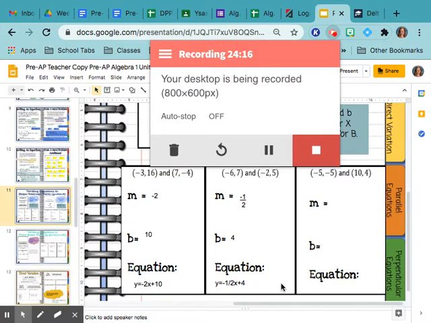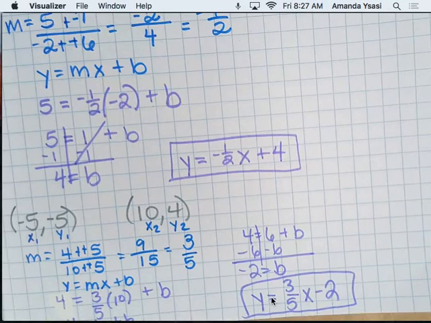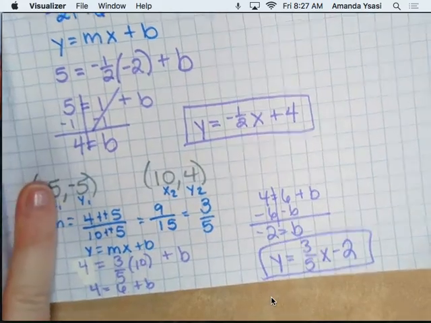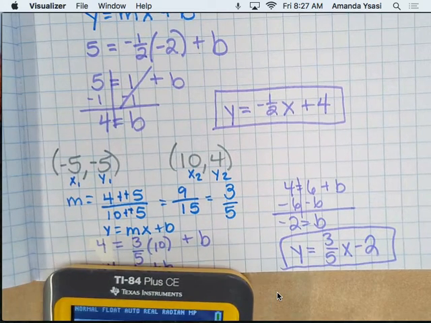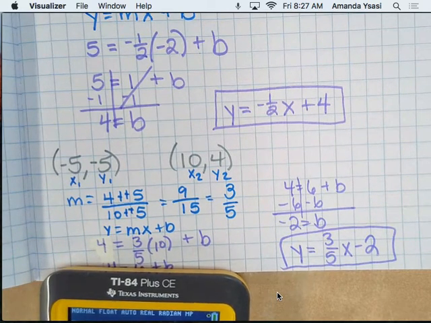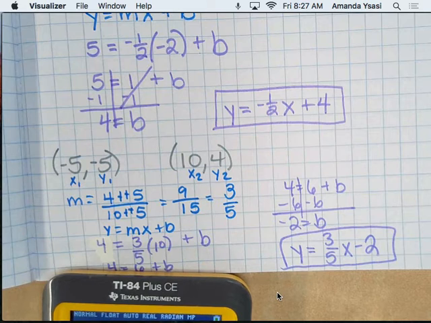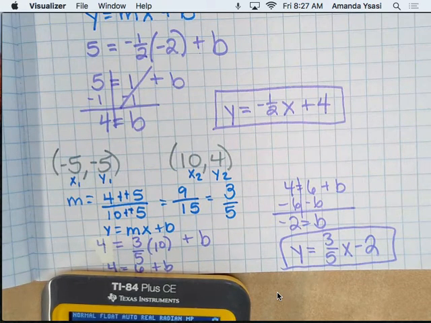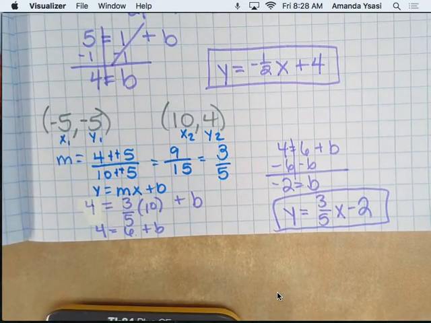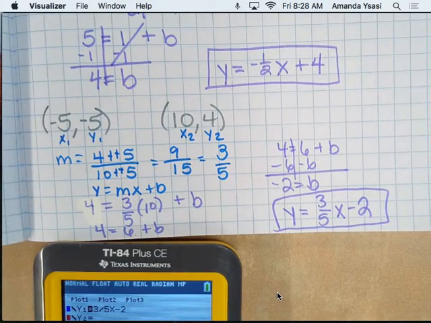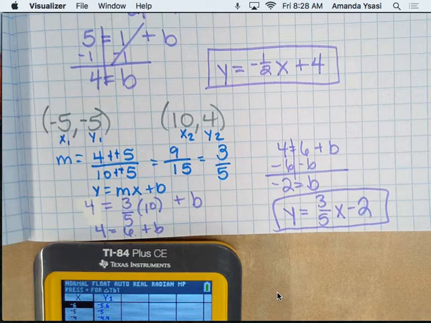Okay, so let's see how you did. Here's what I got. Did y'all get the same thing? Okay, good. Did you check it with your calculator? I haven't done that yet. 3 over 5. Okay, which part? The b or the m? Just the m?